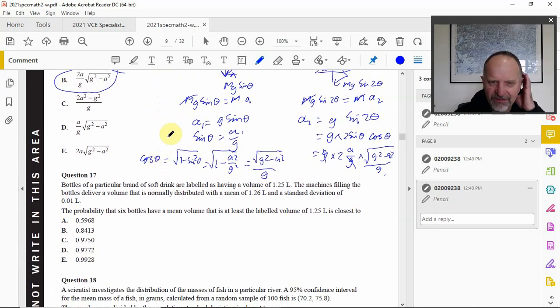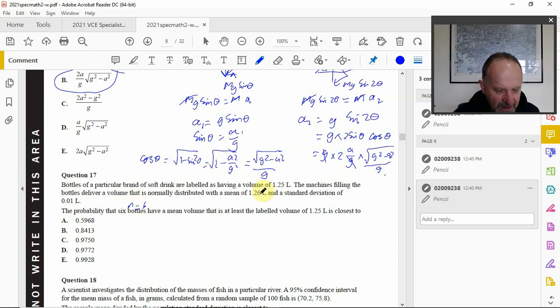Bottles of a particular brand of soft drink are labelled as having a volume of 1.25 litres. Machines filling the bottles deliver normally distributed volumes with a mean of 1.26 litres and a standard deviation of 0.01. The probability that 6 bottles have a mean volume that is at least the labelled volume of 1.25 is closest to. All right, 6 bottles, so that's n.